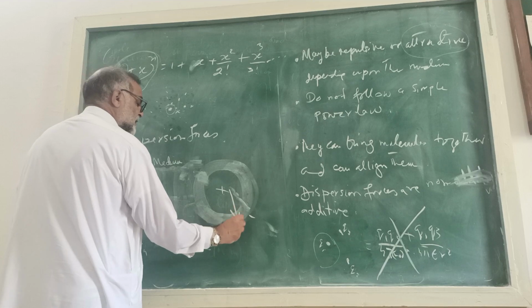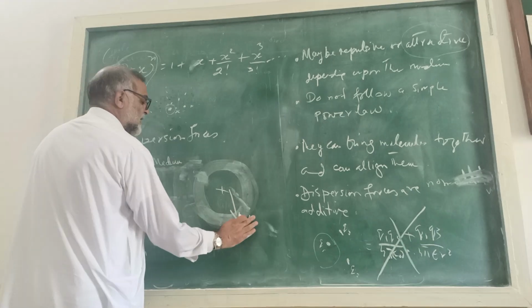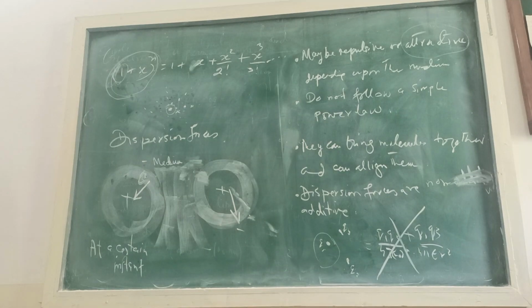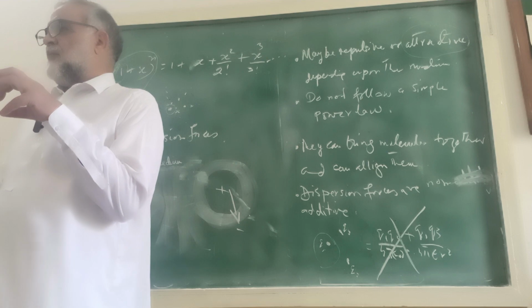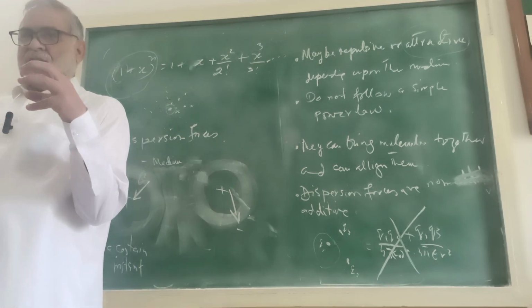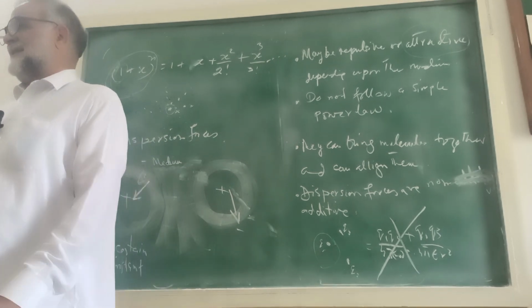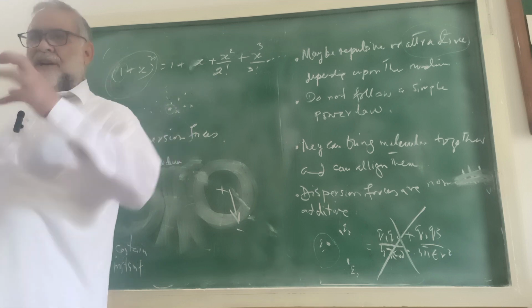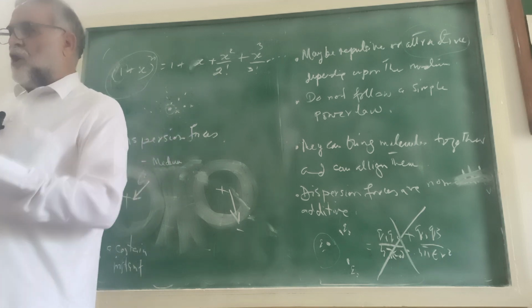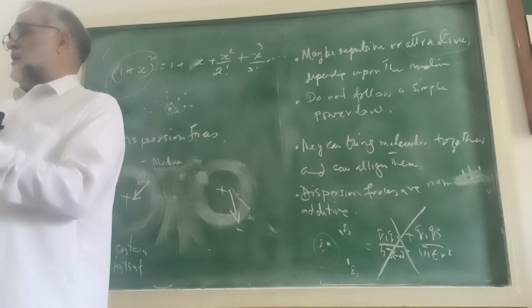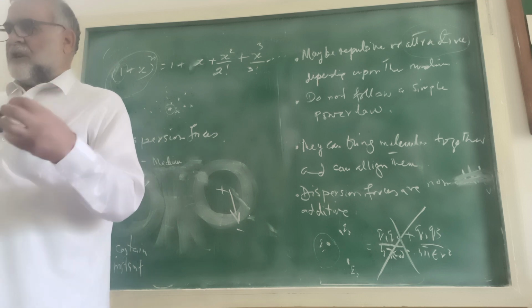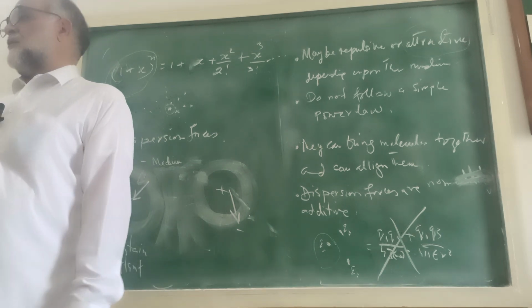So it could be like this. Because of that, the two molecules may attract each other. They can rearrange each other in such a way that they give rise to an attractive force between them.